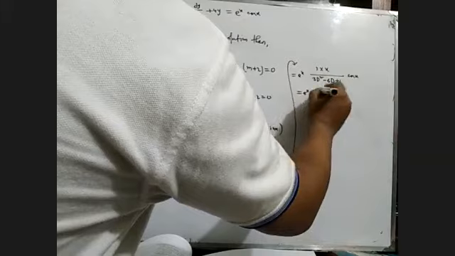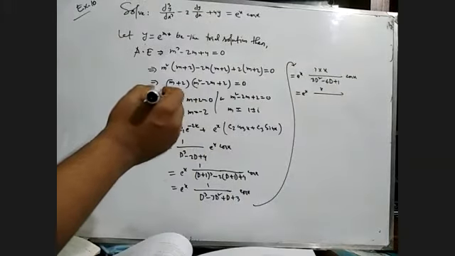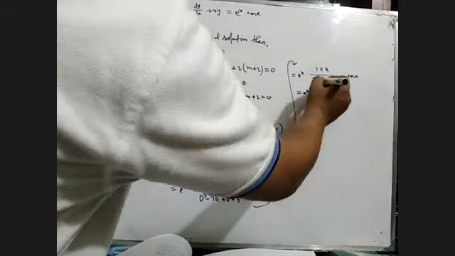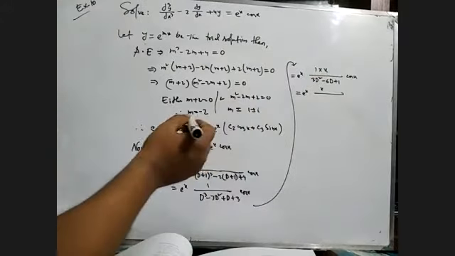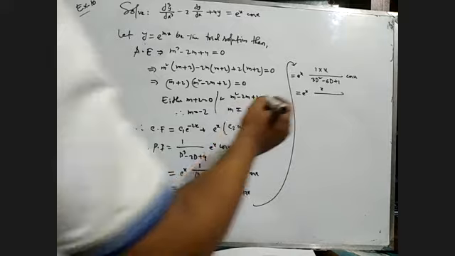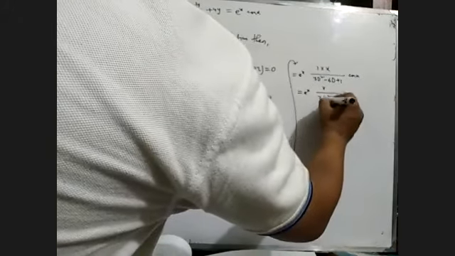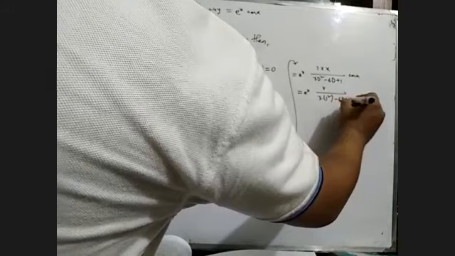Now e to the power x divided by, putting D square as minus 1, 3 into minus 1 minus 6D plus 1.